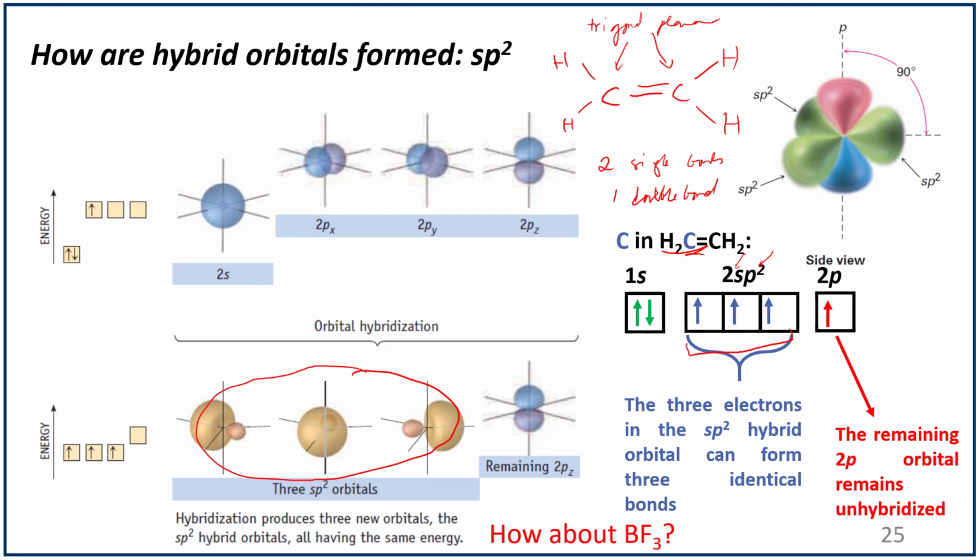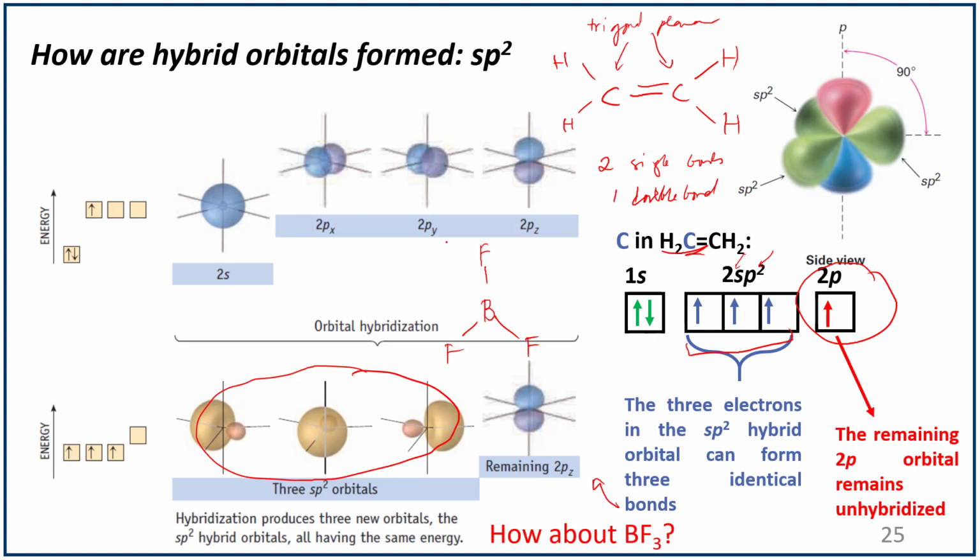Now if you have, for example, boron trifluoride, the boron in boron trifluoride is also sp2 hybridized. Boron trifluoride has a trigonal planar Lewis structure. Note that the 2p orbital around boron in boron trifluoride is actually empty.